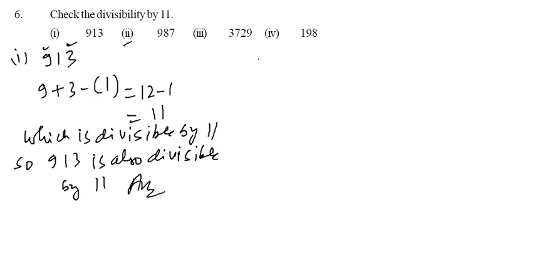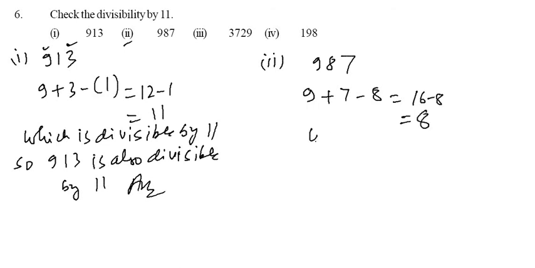Now check the second. The second is given as 987. What will happen? For the odd and even places, you can write here 9 plus 7 minus 8. It becomes 16 minus 8, that becomes 8, which is not divisible by 11.